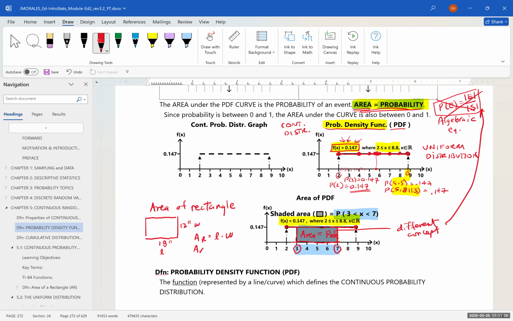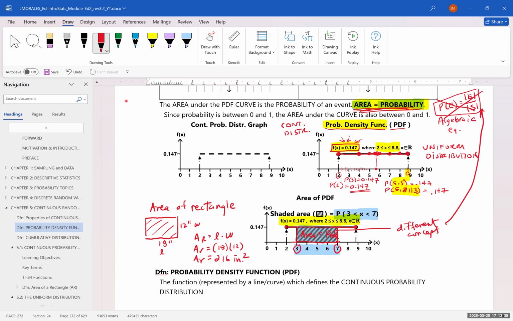So the area would be 18 times 12, or 216 inches squared. Okay. So maybe this is dusting off some cobwebs, but area of rectangles is something that you would have seen in several prior math classes to this one. And so I thought that this would be the easiest introduction to this concept of area being equal to probability, and that's found here in chapter 5.